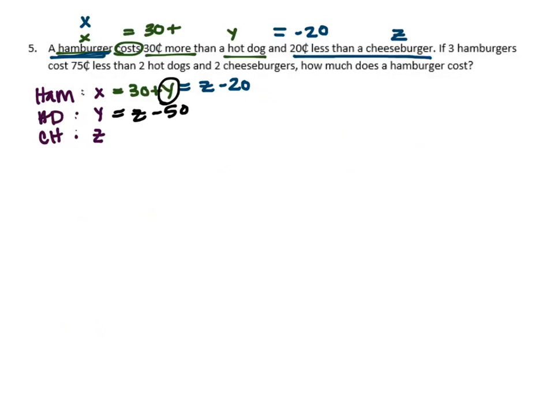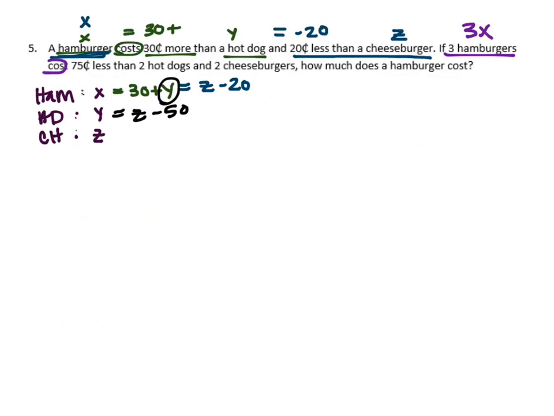The next step is to translate if 3 hamburgers cost 75 cents less than 2 hot dogs and 2 cheeseburgers. So I can write that by saying if 3 hamburgers, that's the same thing as saying 3x.